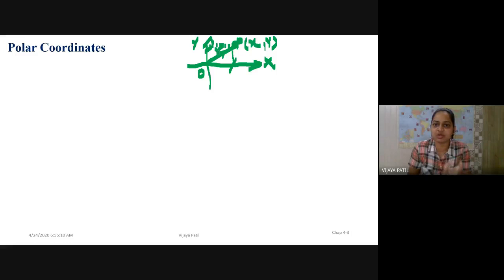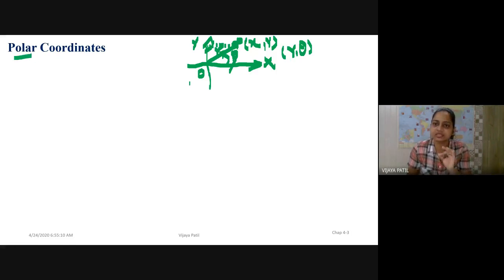So suppose this is small r, and this position vector is away from the x-axis by an angle theta, right? And this x comma y has been the representation of this point P in the xy coordinates. We have this r and theta as another representation of this P in this coordinate system. And this coordinate system is known as polar coordinates.